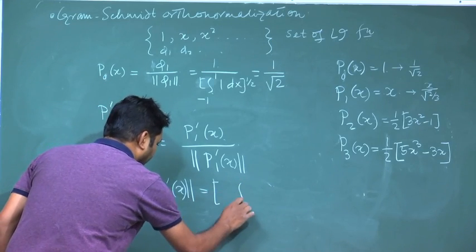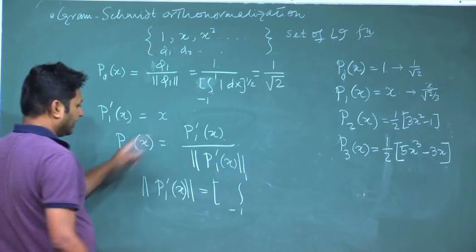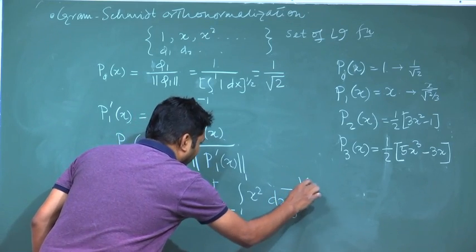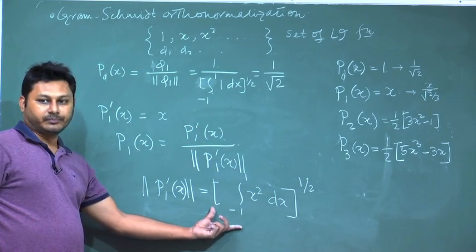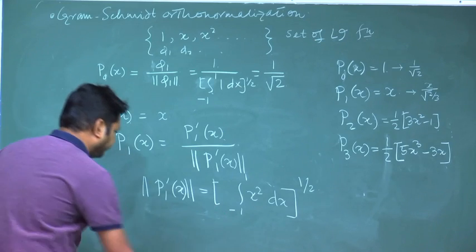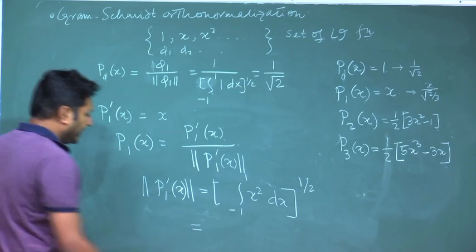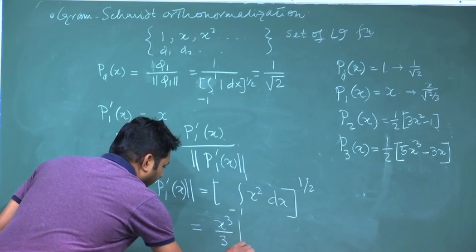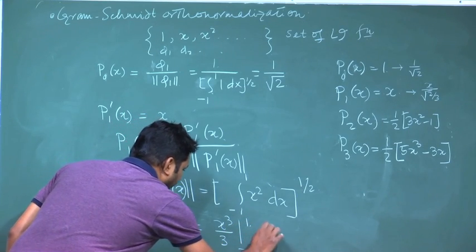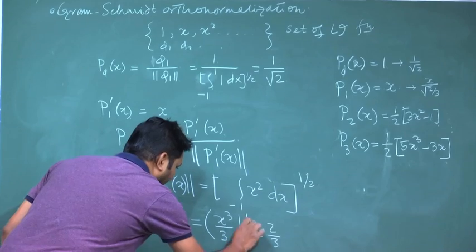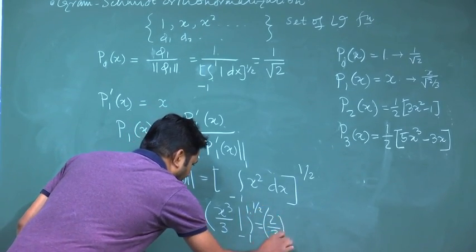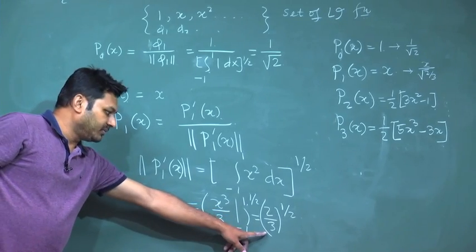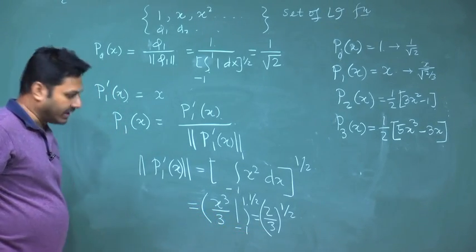It is integration minus 1 to 1 of x square dx, whole to the power half, because I am taking the norm. So, it will be x cube by 3 from minus 1 to 1, which is nothing but 2 over 3, whole to the power half. So, my second function is normalized by root over 2 by 3.